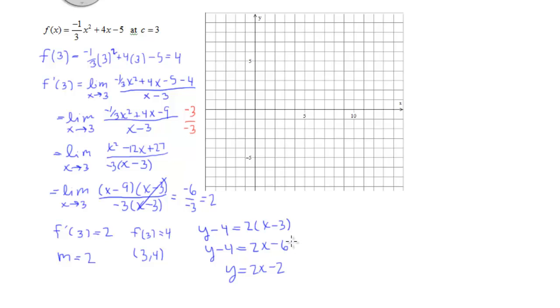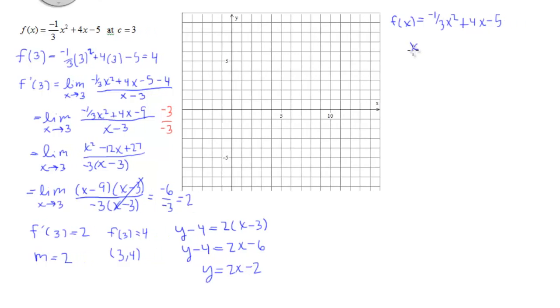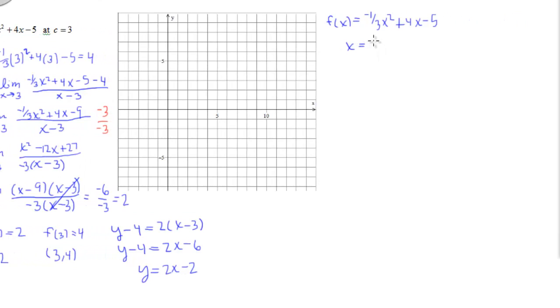Alright, so next we want to graph the parabola, and I'm going to do that first by just finding the vertex, and then second by completing the square. So if f of x is equal to negative 1/3 x squared plus 4x minus 5, then you can get the x value of the vertex by doing the opposite of b over 2 times the a value.